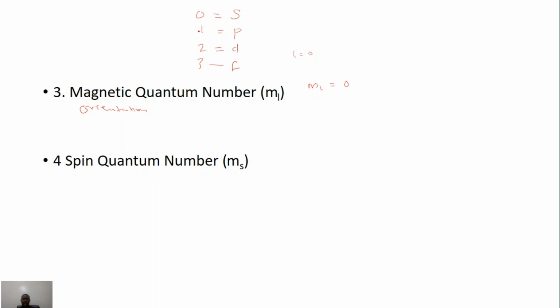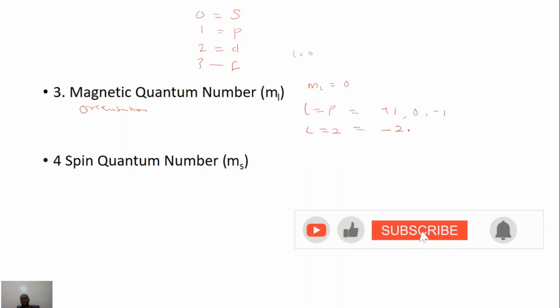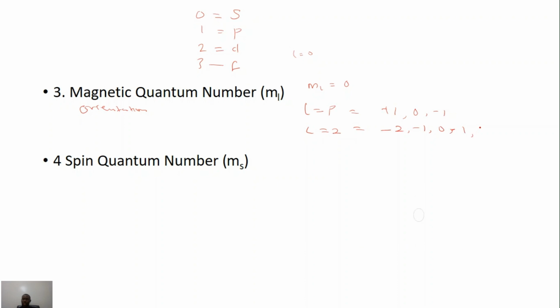If l is equal to 1, which is p, the magnetic quantum number ml will take a value equal to plus 1, 0, minus 1. If l is equal to 2, it will take values from negative 2 through negative 1, 0, through 1, and through 2.